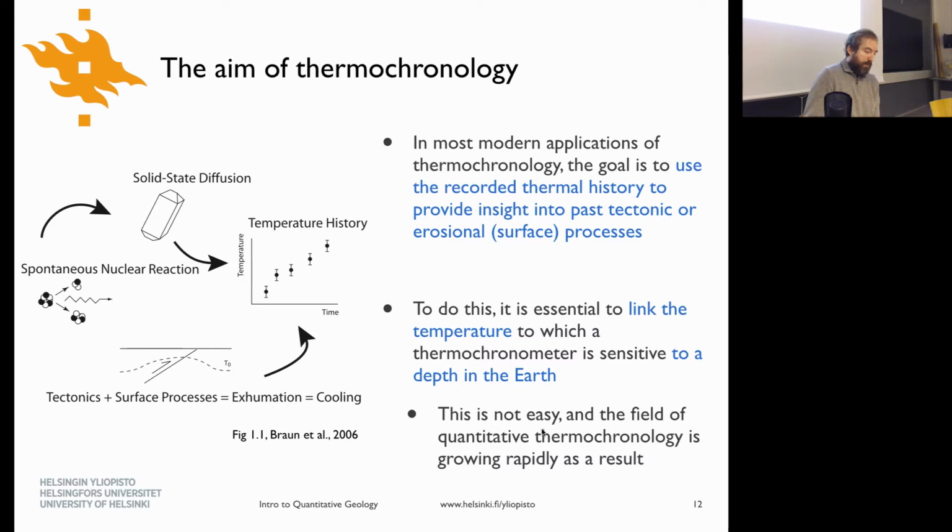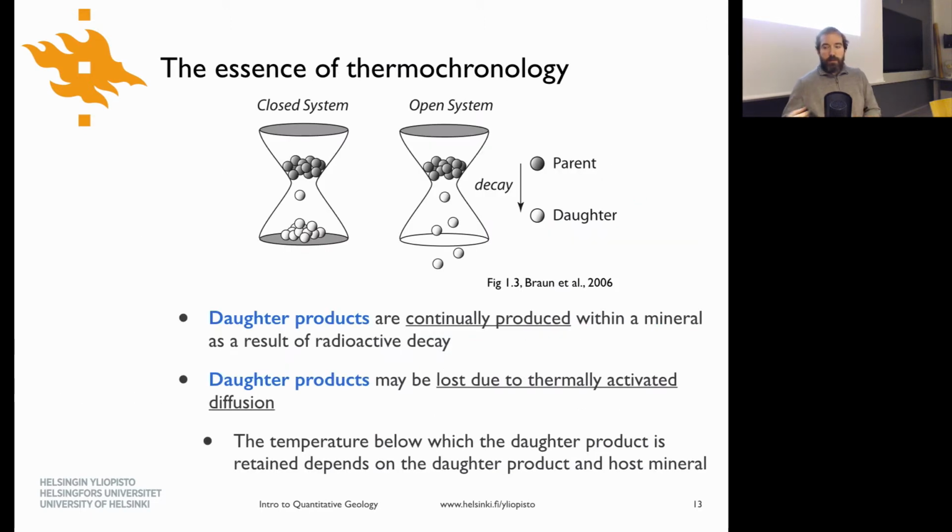So yeah, here's the basic essence of the system, and essentially in terms of end member behaviors, we have basically two things happening. One is the behavior where the system is closed.